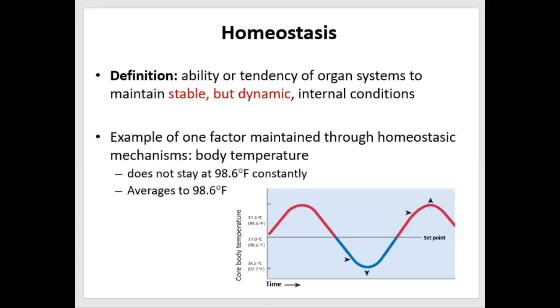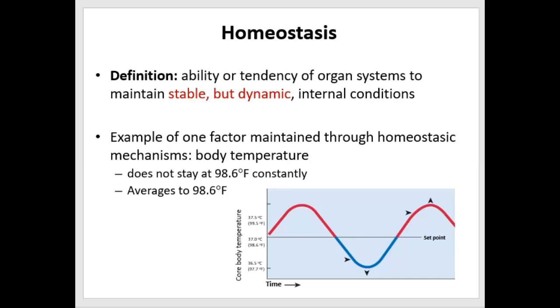The third major theme that we'll encounter throughout the course is something called homeostasis. And simply put, homeostasis is the tendency of our bodies to maintain a stable sort of internal condition. But it's important for you to realize that this stable internal condition may fluctuate, and that may be normal.